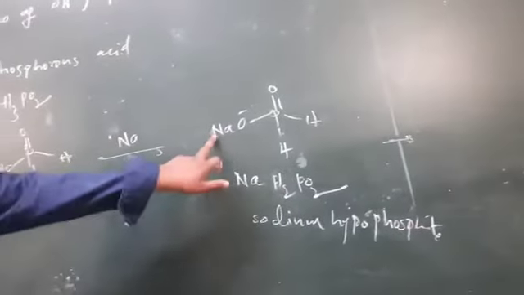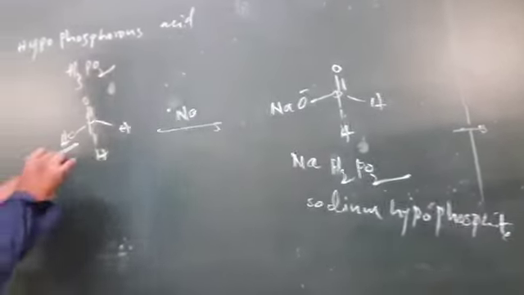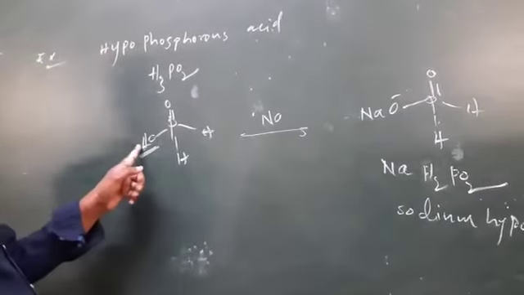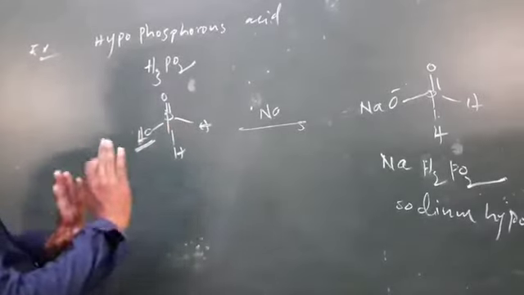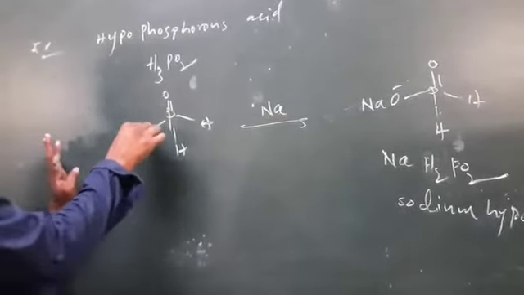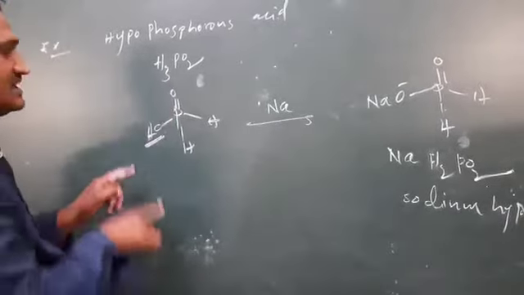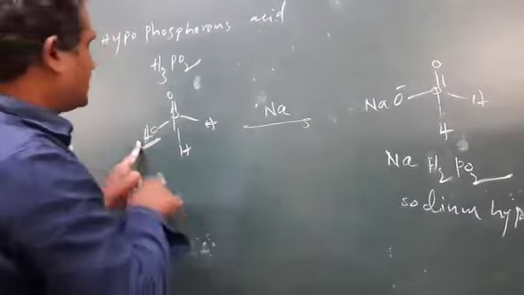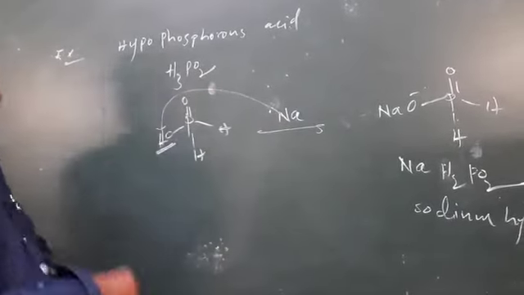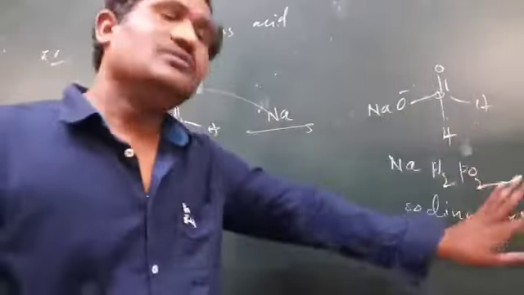So this is the salt. The number of OH groups is equal to the basicity, that is, the number of replaceable hydrogens. The two PH hydrogens cannot be displaced by sodium. Only the hydrogen attached to oxygen is displaced because it is more acidic, so sodium displaces this hydrogen and forms its respective salt.